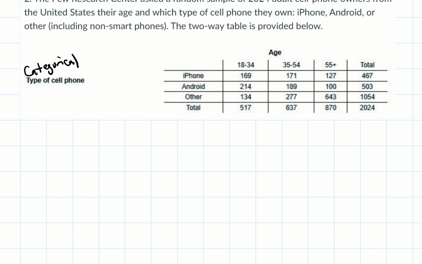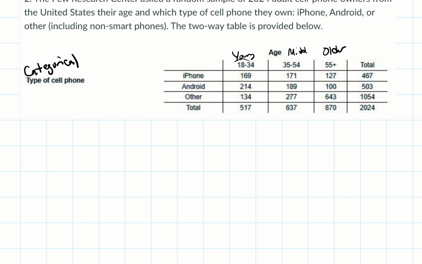Age would normally be a quantitative variable. However, the way they broke it down here, they broke it into categories. Are you in the young category, 18 to 34?